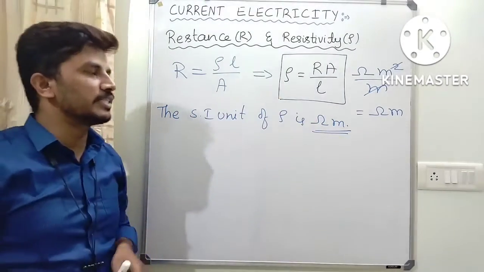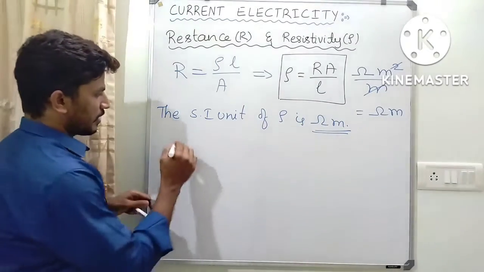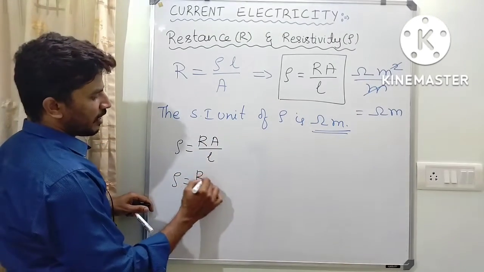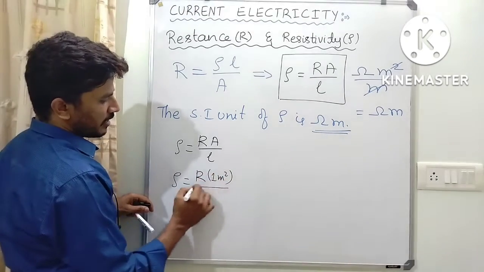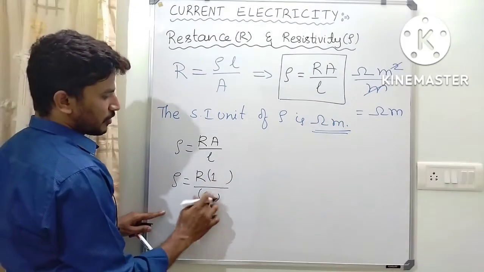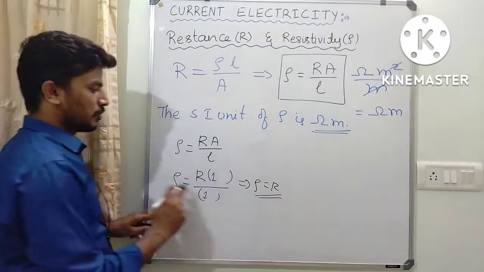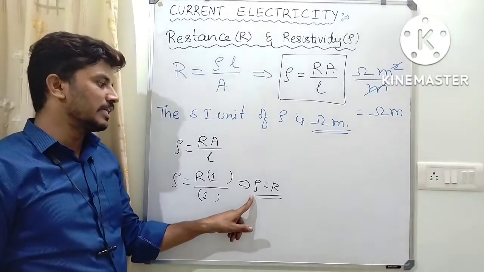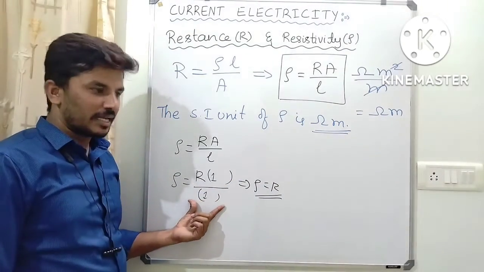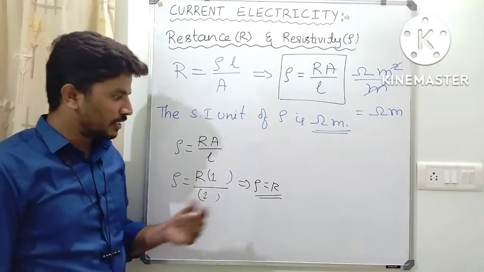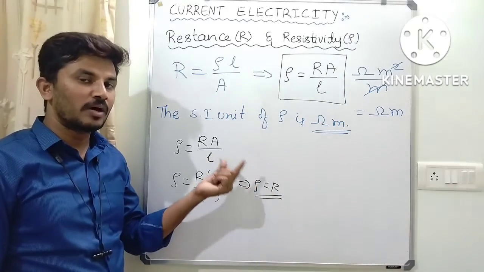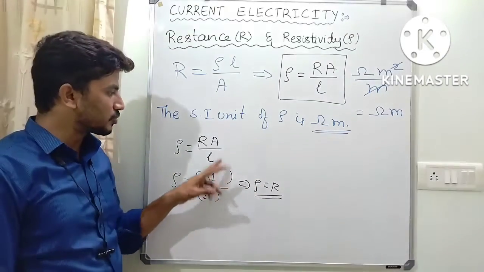Okay, so how to define resistivity? Let me take rho is equal to RA divided by L. If I take a material of area 1 meter square and length of 1 meter, or just 1 unit, 1 and 1, therefore rho will be equal to R. So resistivity of a material is the resistance of that material of 1 meter length and 1 meter square area, or 1 unit square area.